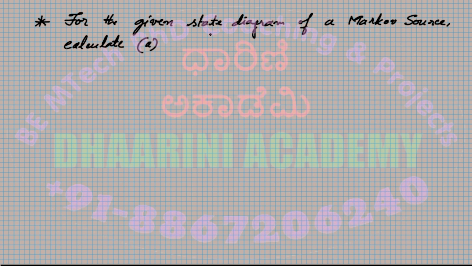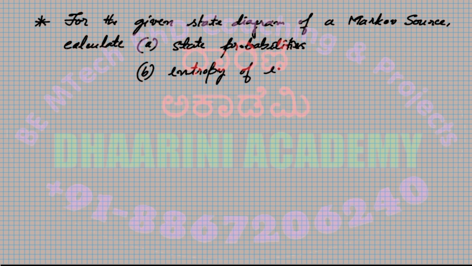Part A of the question is the state probabilities. Part B is to find the entropy of each state. And C, the last part of the question, is the entropy of the source.